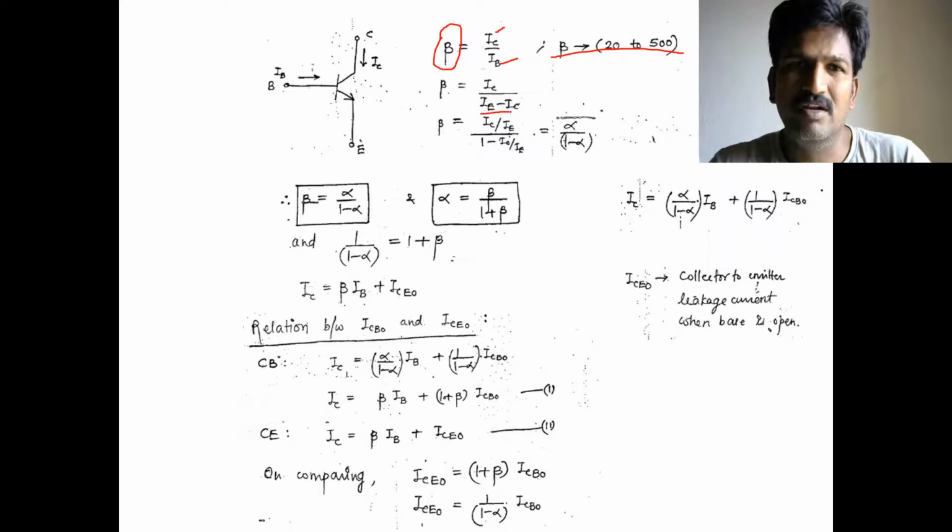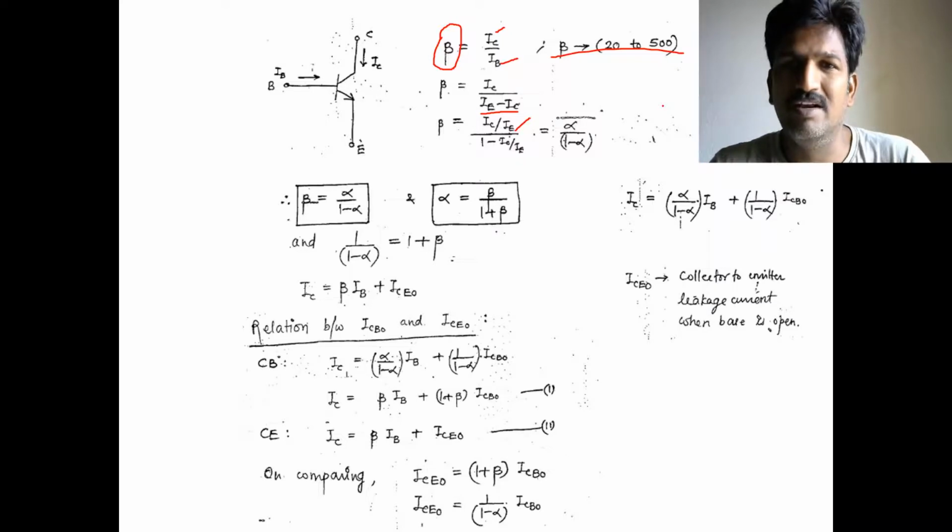You know that IE is equal to IB plus IC, so IB is equal to IE minus IC. Dividing numerator and denominator by IE, beta is equal to IC divided by IE, divided by 1 minus IC divided by IE.